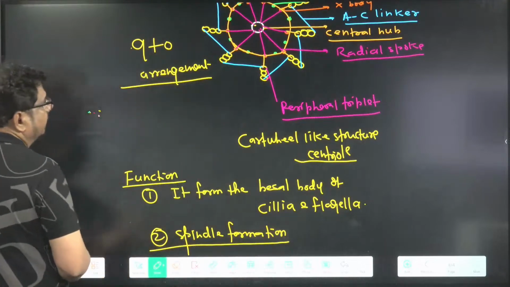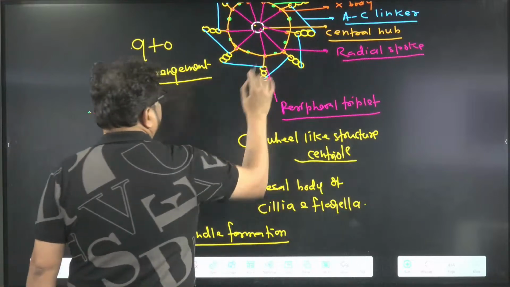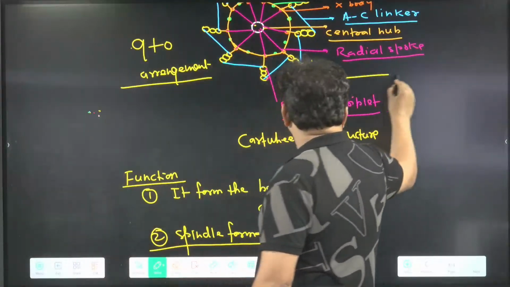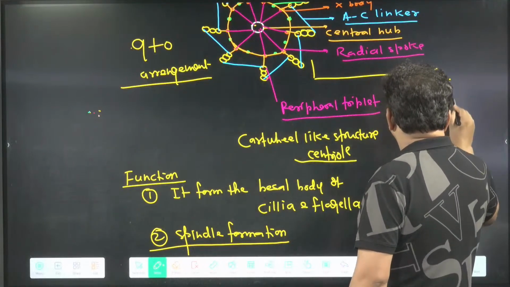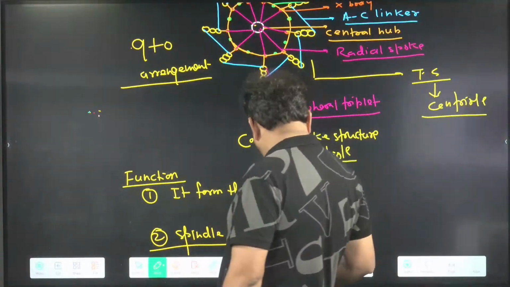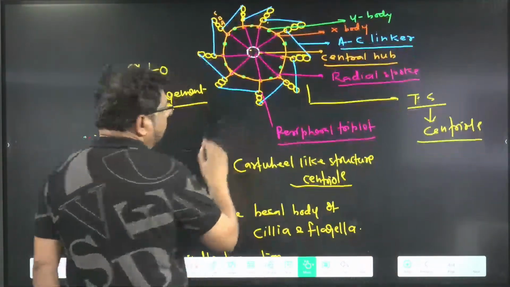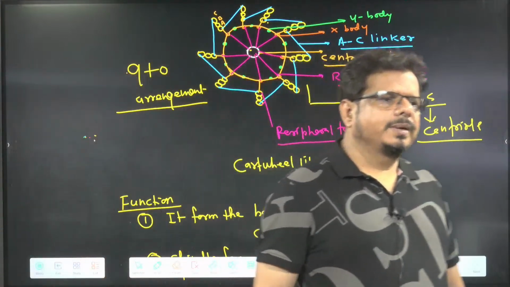And this is a structure of which one? Centriole. It is a transverse section of which one? Centriole. Under an electron microscope, it looks like this. So centrosome and centriole is over.